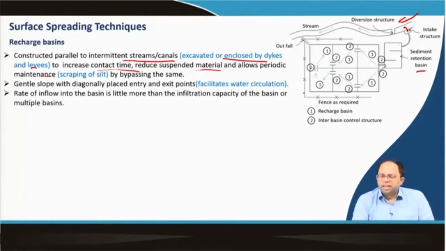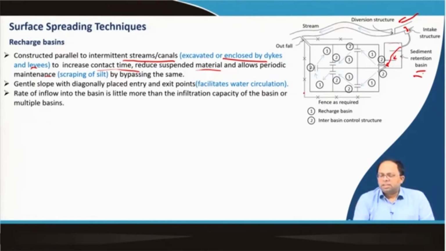So, the sediment is captured over here. You have learnt about sediment basins. The area has to be such that it is adequate for the water to travel from this point to this point, so that there is adequate time for the sediments to deposit, right.